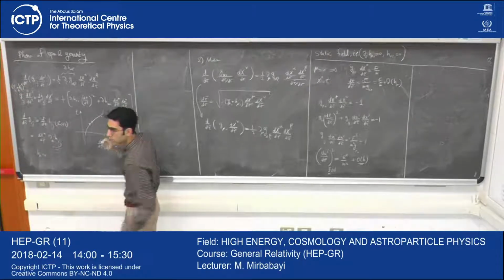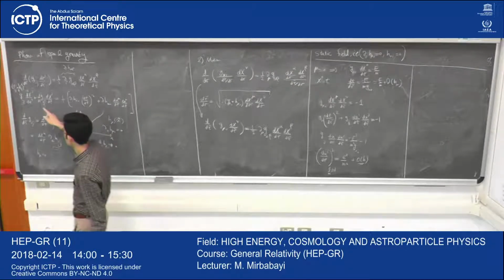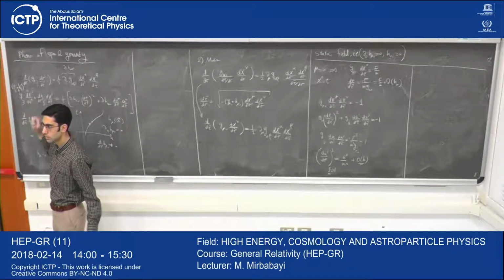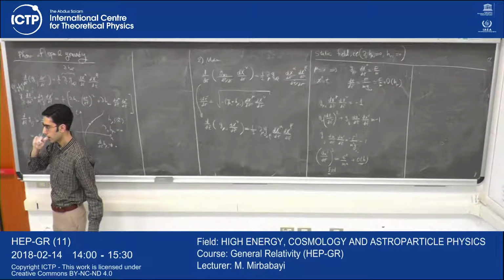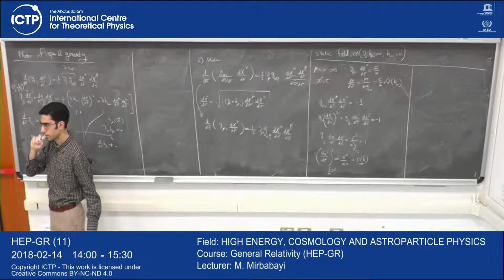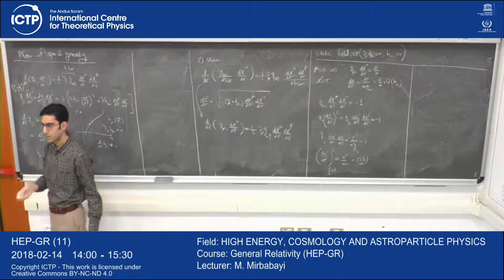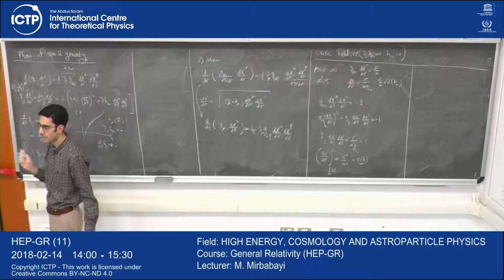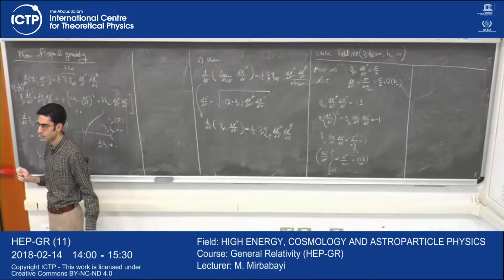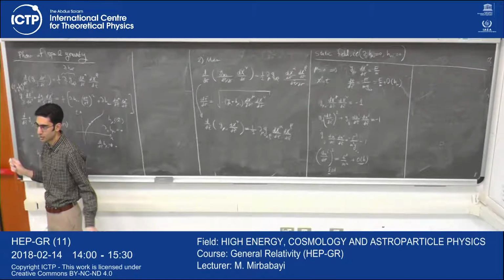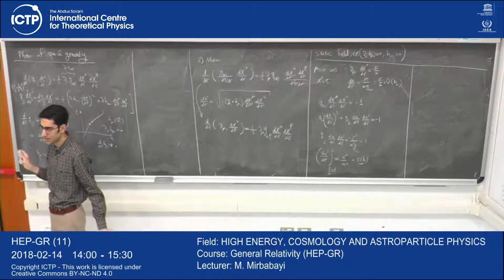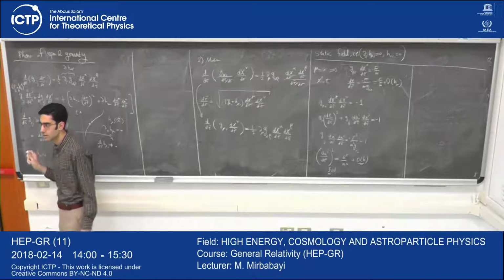Why do you say that it's first order? Why do I say the acceleration is first order? You only found that it's 0. It could be second order and still be 0. Oh, right, yes. It could be 0. At least it is first order. It could be 0 to all orders.